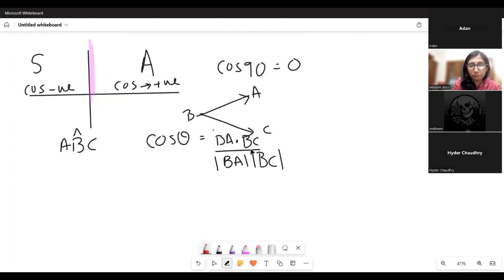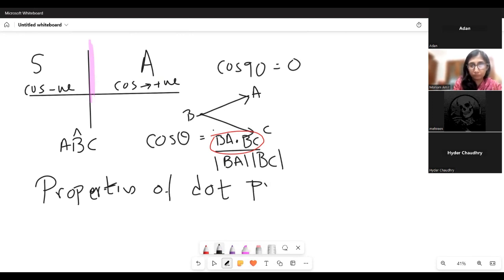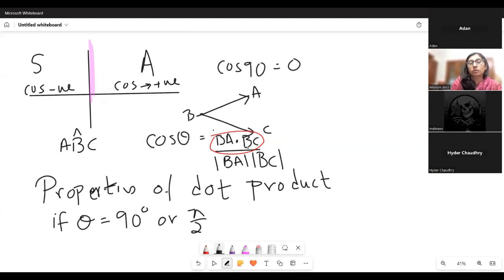Zero. Properties of dot product: if theta equals 90 degrees or pi by 2, then dot product is 0.